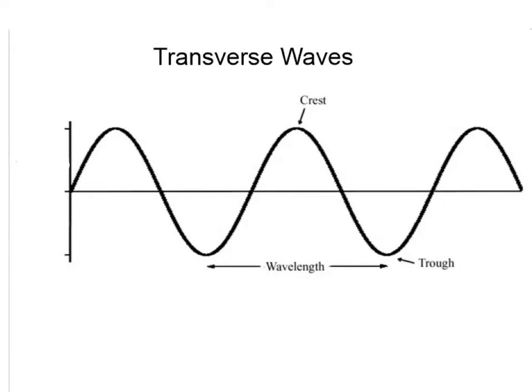Essentially, a wavelength is the distance between a point on the wave and the nearest point that is exactly like it. So that's why we often say the distance from crest to crest, because it's easy to tell this point is exactly like this point, and this point is the nearest one exactly like this point. That's an easy way to measure the wavelength on a transverse wave.